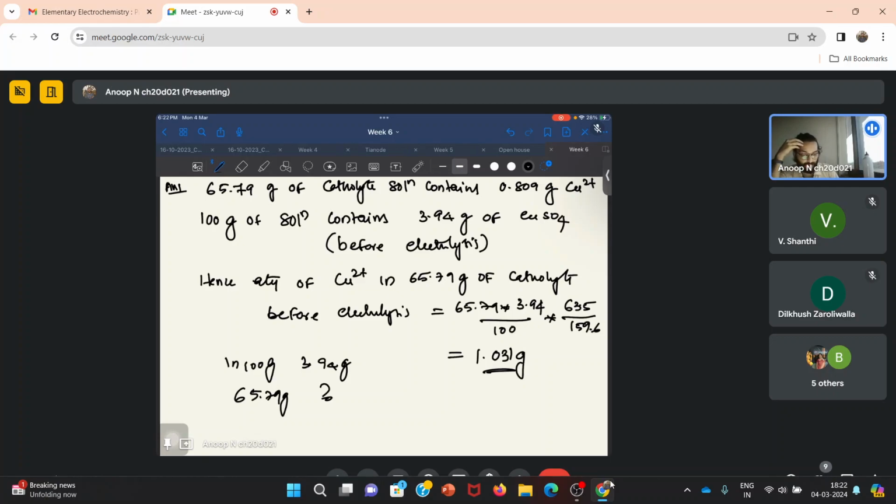For that, we take the atomic mass of copper and the molecular weight of copper sulfate, so we get the grams of Cu2+. Then we can calculate the weight loss, which is 1.031 minus 0.809. This is nothing but 0.222 gram.